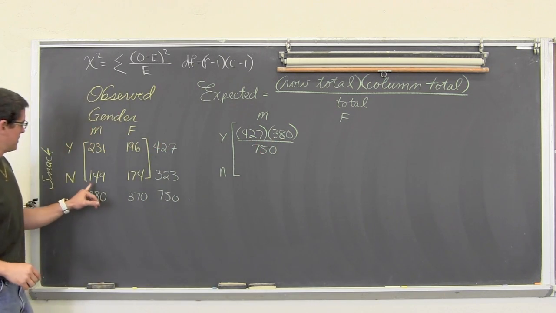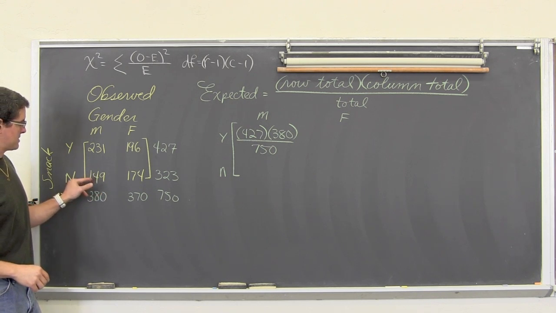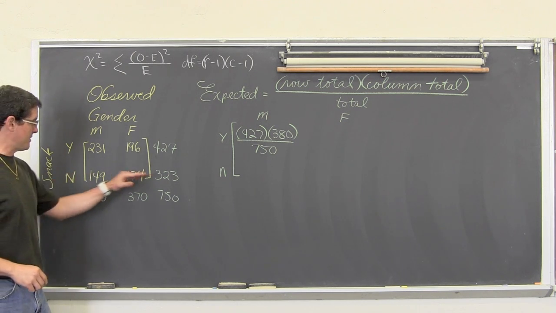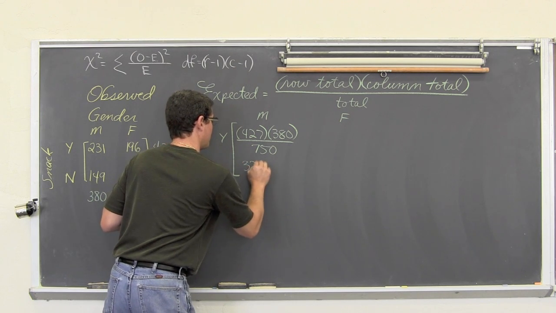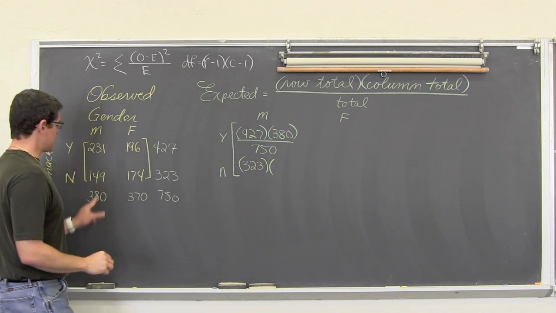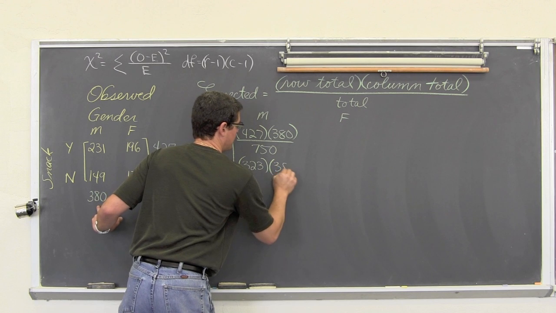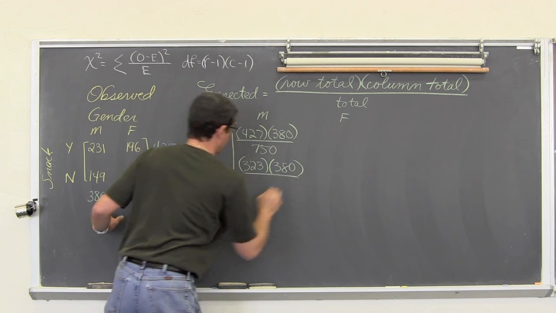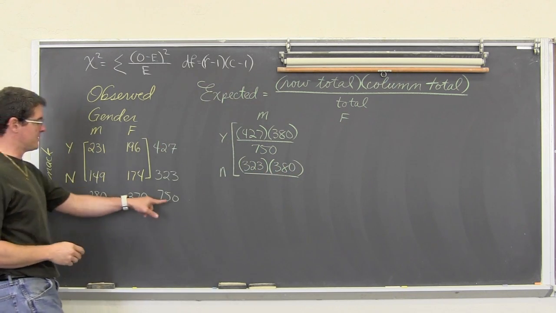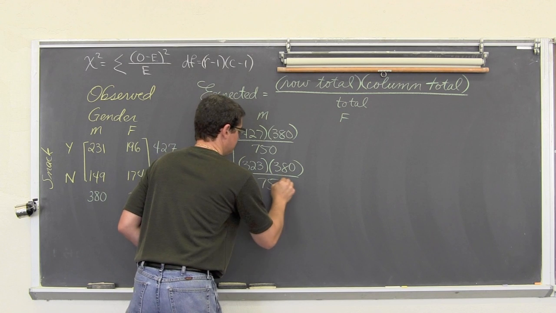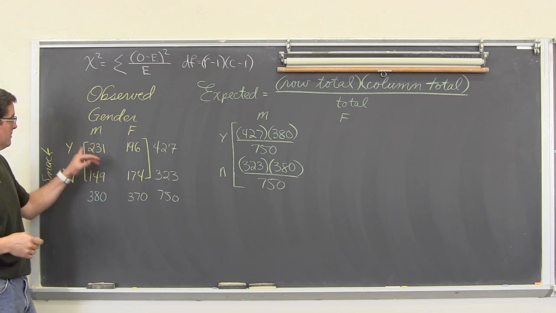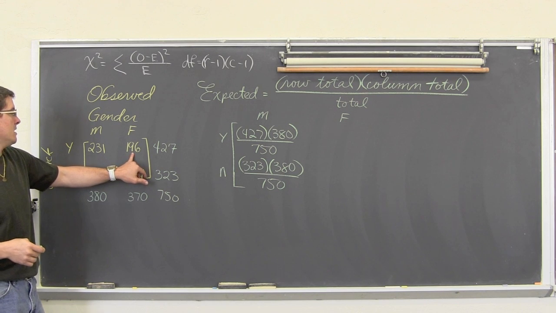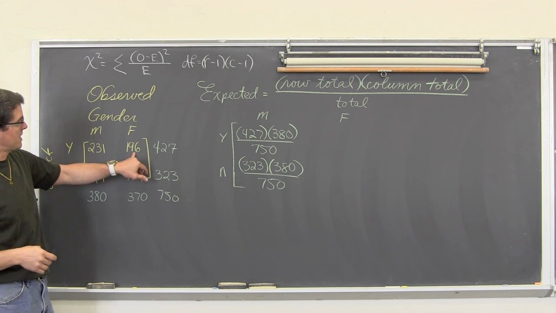Now we're going to do it for the nos, so this is going to be the second row, first column, so the sum of the second row is 323. The column total is again 380. And then we're going to divide by the total of the table again, which is 750. And then move on to the second column. Row 1, second column, that's going to be this cell right here, the 196 observed.